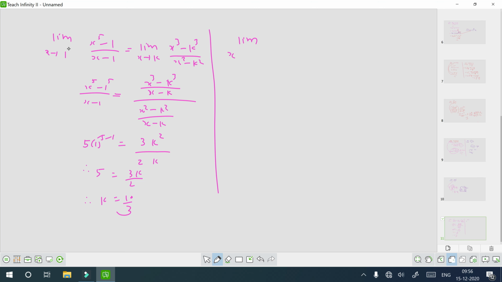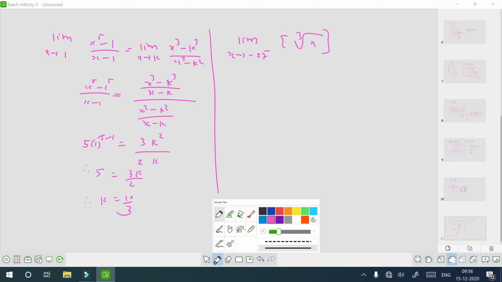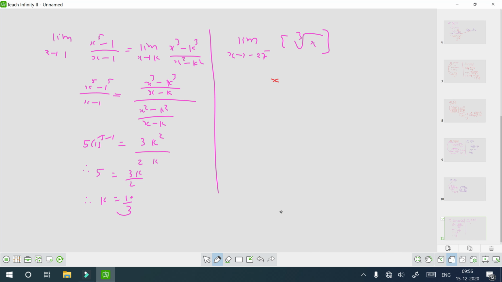Limit x tends to minus 27 minus, of the cube root of x, the integer part of the cube root of x. Dear friends, see, here x tends to minus 27 raised to minus. This one is which limit?